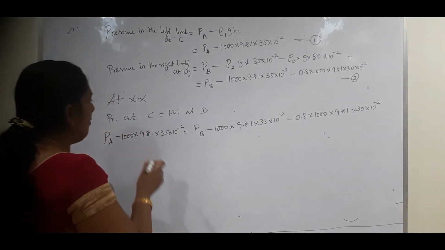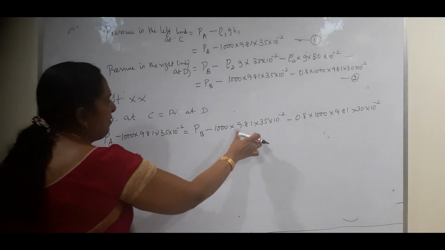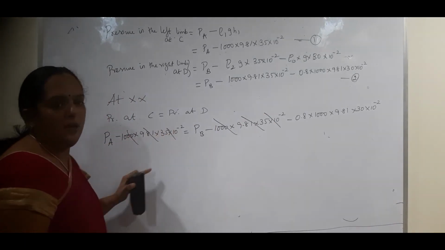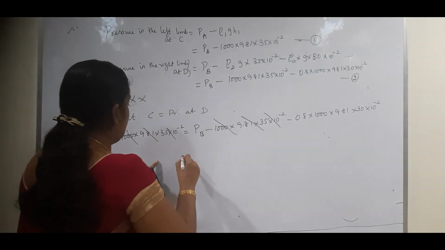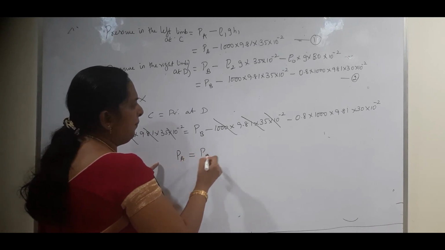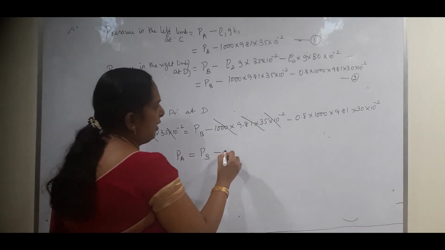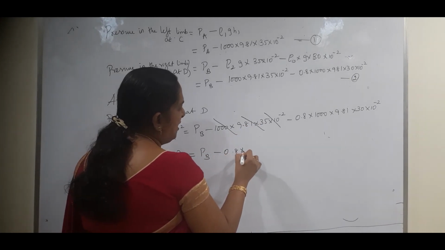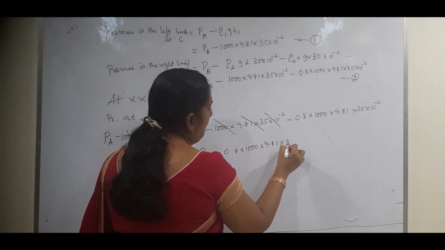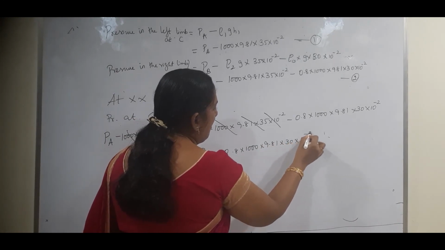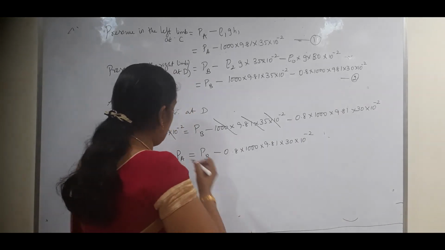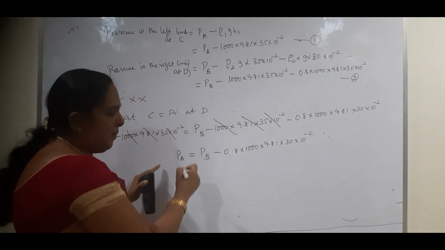Because it's a mere substitution, we are getting the answers. So what happened here? This equation and this equation are the same, so fully cross it out. It's very easy here. So PA is equal to PB, only that side we have minus 0.8 into 1000 into 9.81 into 30 into 10 to the power of minus 2. Now you bring it to this side, so this will become positive.